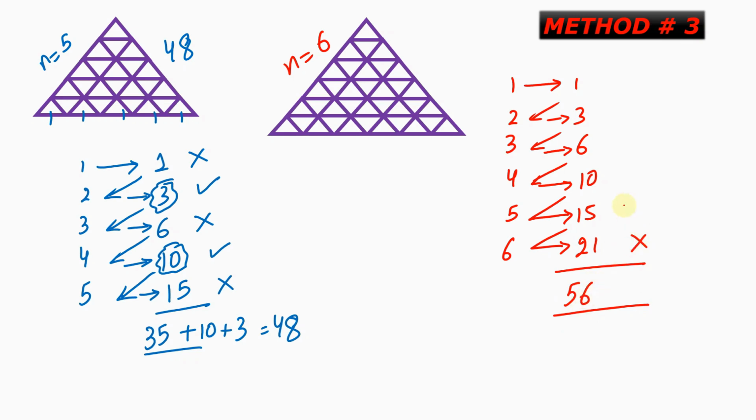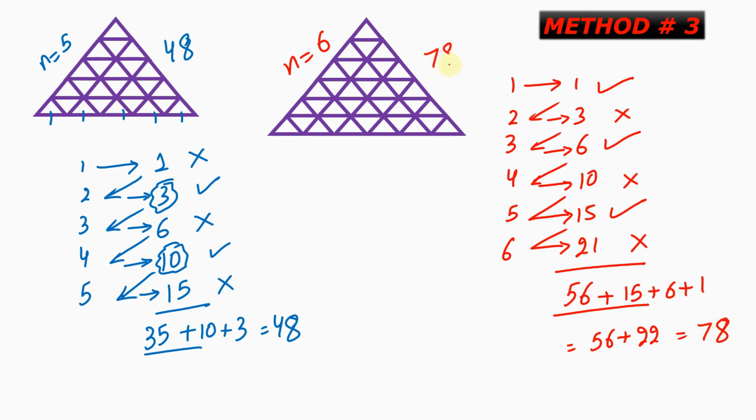And then drop, pick, drop, pick, drop, and pick, thereby adding numbers 15 plus 6 plus 1, and hence 56 plus 22 will give you the answer as 78. So there will be 78 triangles in this figure.